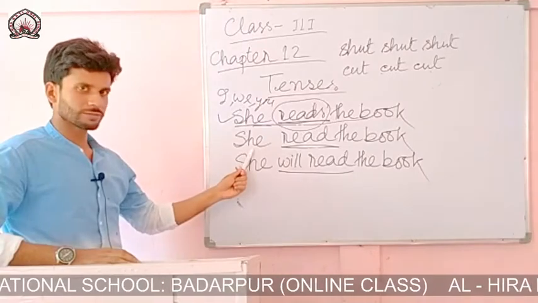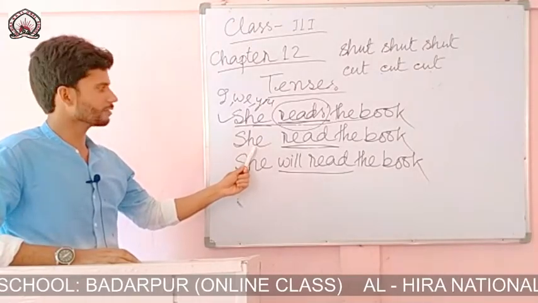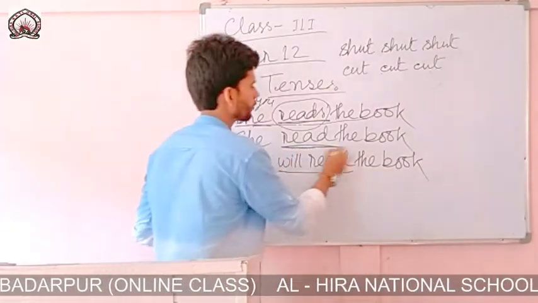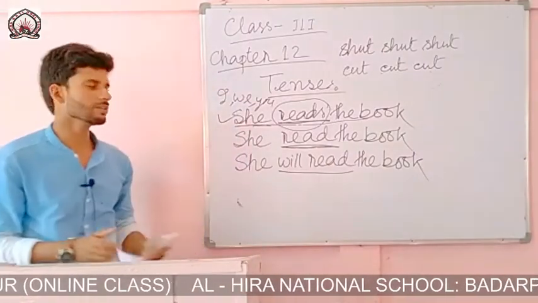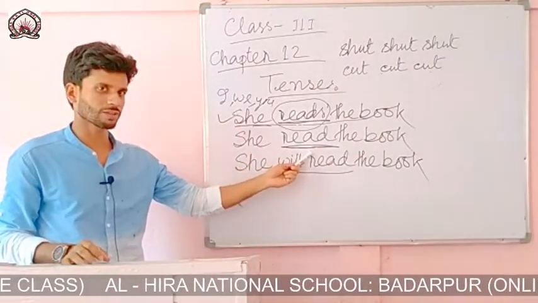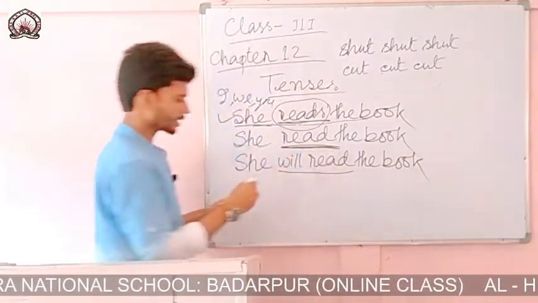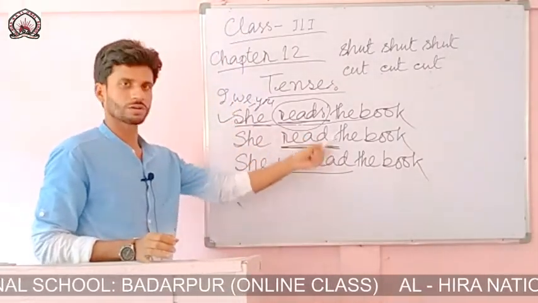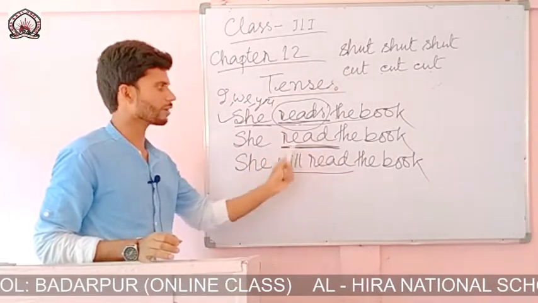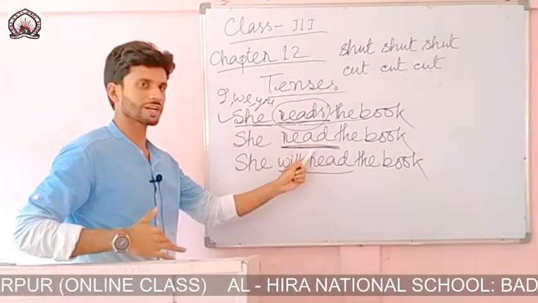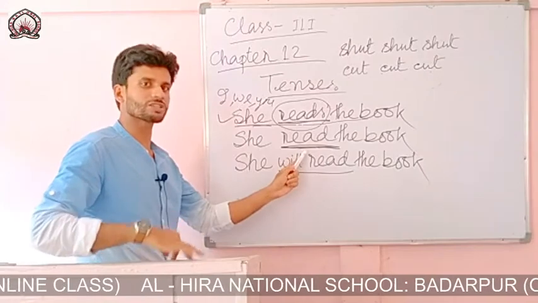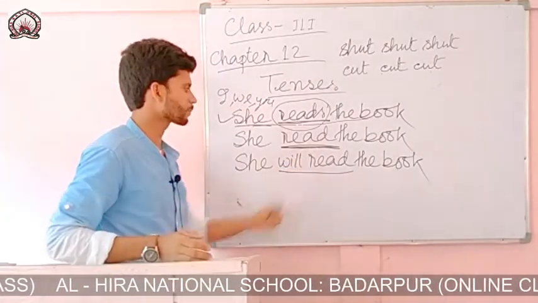And in the second sentence, you see the verb is in past tense. So looking at the tense of the verb, we can understand when the action is done or when the action takes place.